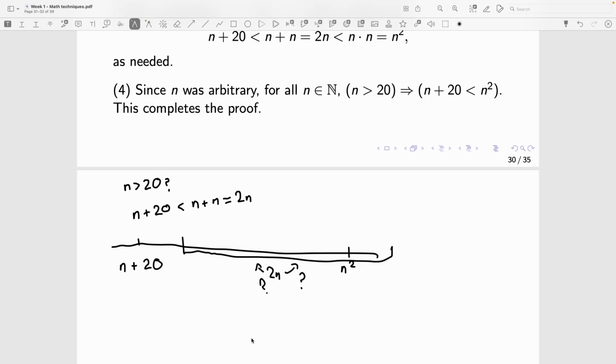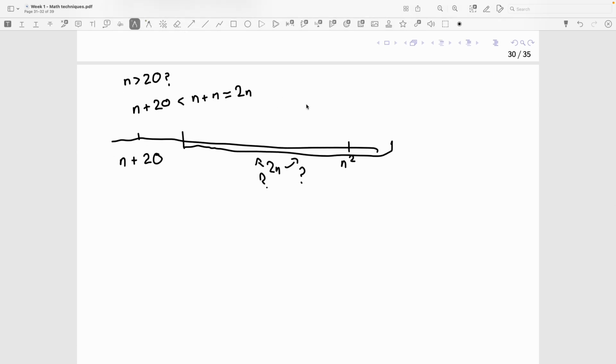If we can show that 2n is less than n squared, let me just write that down. If we show that 2n is less than n squared, then we'll get the inequality chain, you could call it.